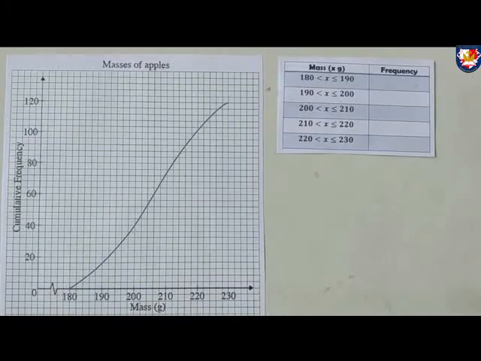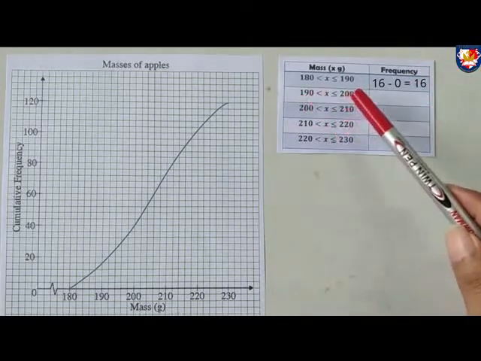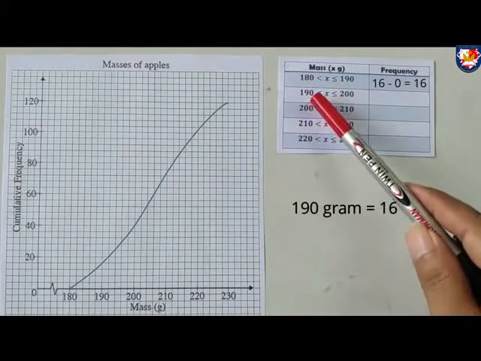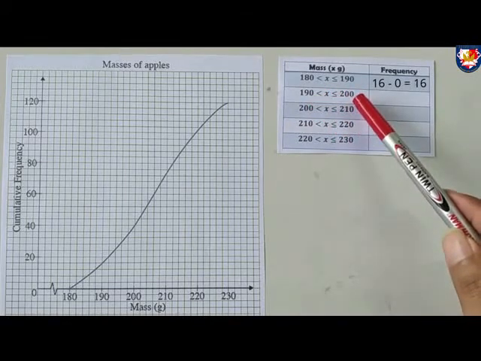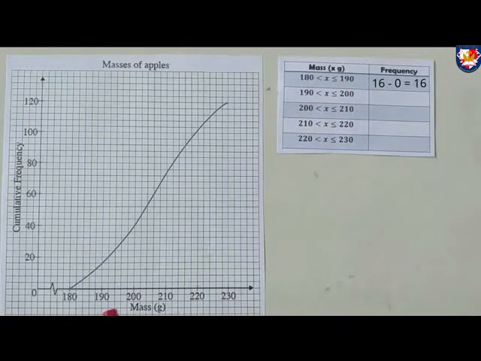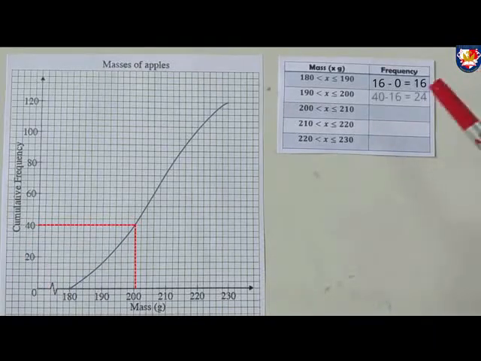So the number is 16 minus 0 equals 16. For the second one, 190 to 200, we have known 190, right? So we find 200. For 200 we take a perpendicular line and then we make a straight line here, equal to 40. So 40 minus 16 equals 24.